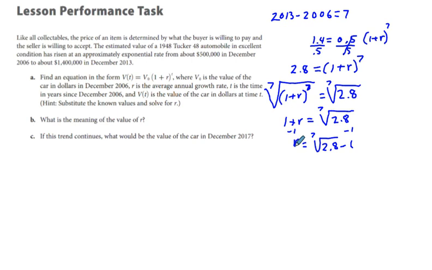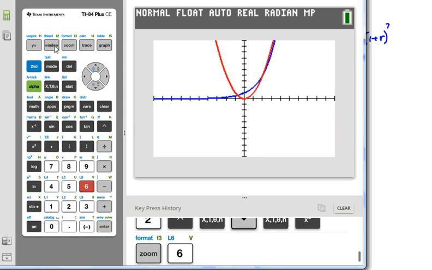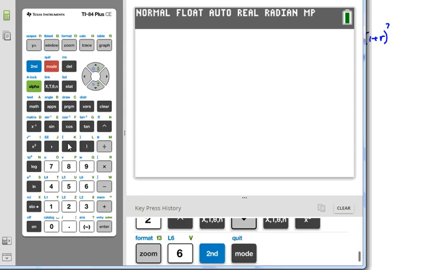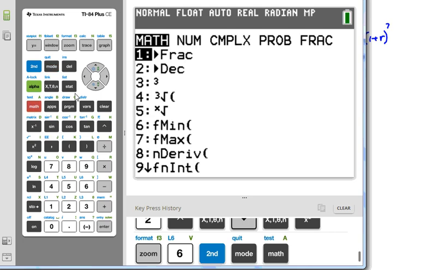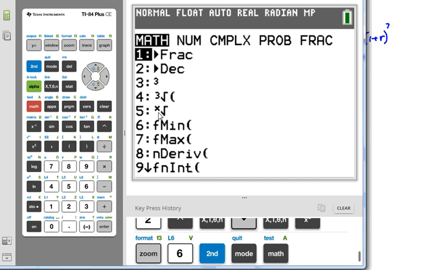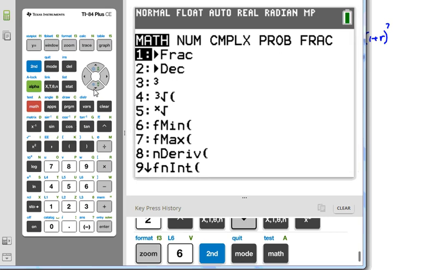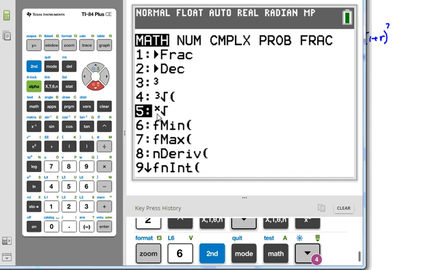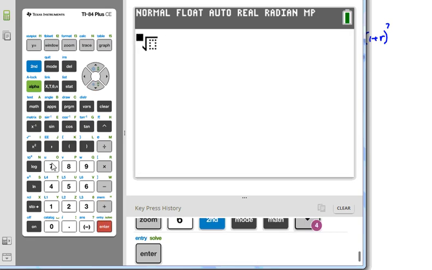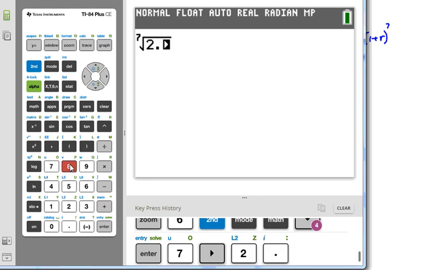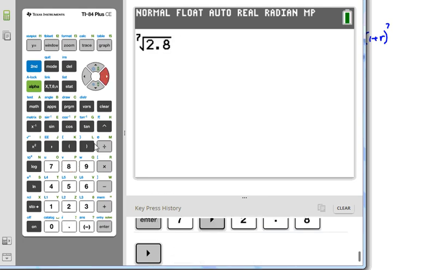So let's go ahead and do that in the calculator. Quit. r is equal to the 7th root of 2.8. To get that, we can go to math and down to option 5, where we can use different roots. So we put the 7th root here of 2.8, and from that we subtract 1.